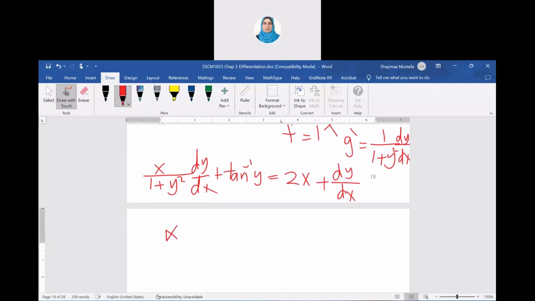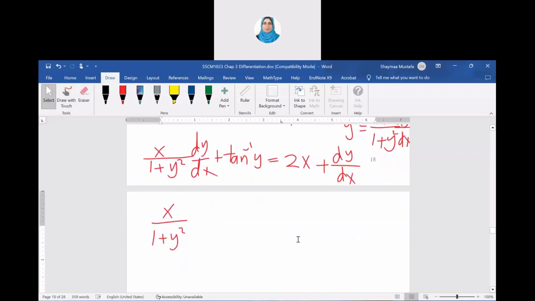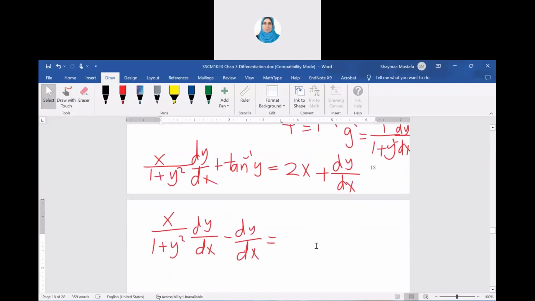So you have x over 1 plus y squared dy over dx, minus dy over dx, equal to 2x minus tan inverse y.